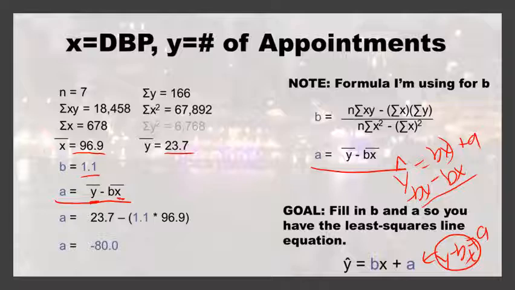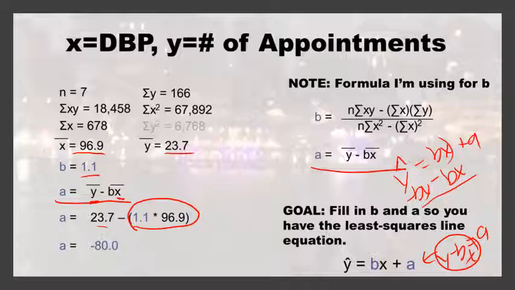So we put everything in their place, and of course you have to pay attention to the order of operations, which means we have to solve this part of the equation first, okay? And whatever this is, we're going to minus it from the 23.7. So after you calculate the whole thing, we get negative 80. Okay, negative 80 is our A.